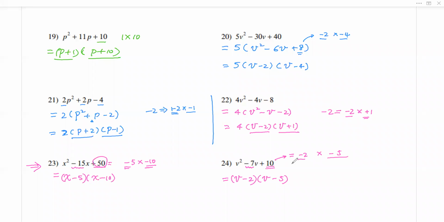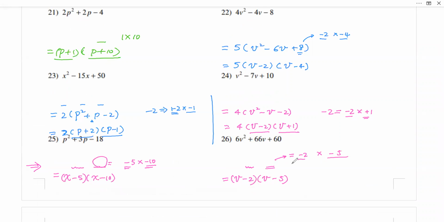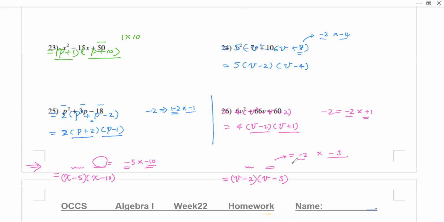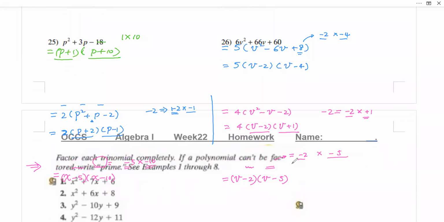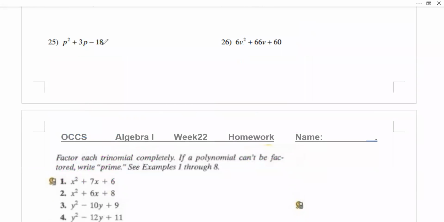Actually, I put a little bit of additional homework here. Oh yeah, that's another two, 25 and 26. See, 25. So -18 can be factored into what? Negative into 3, 6, right?